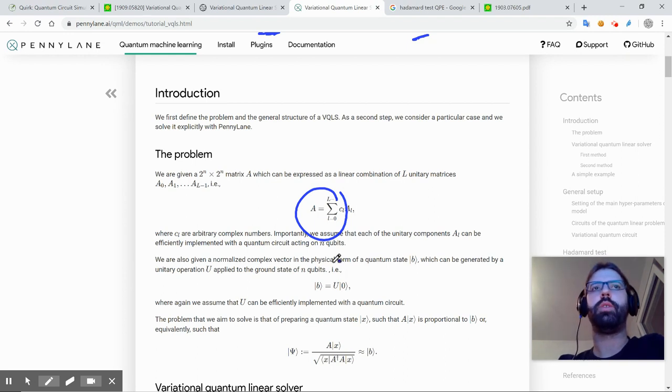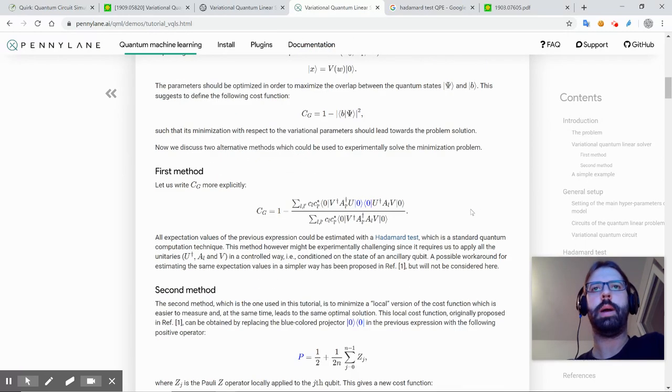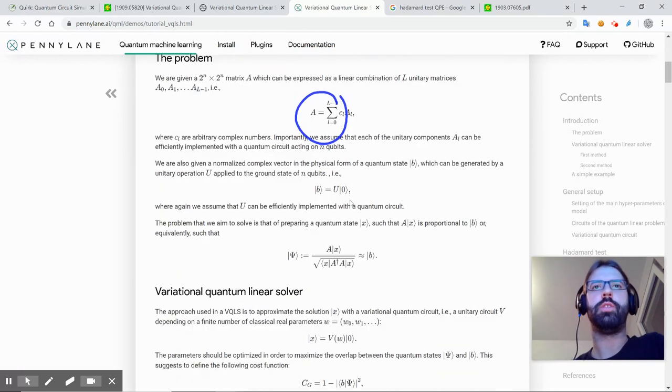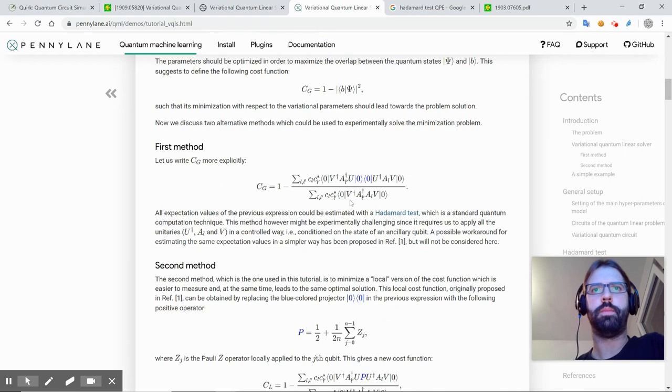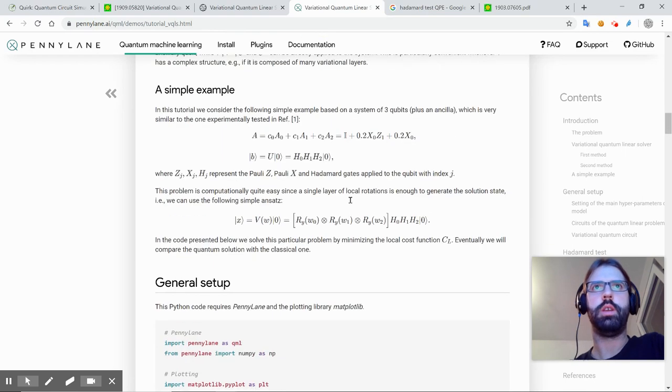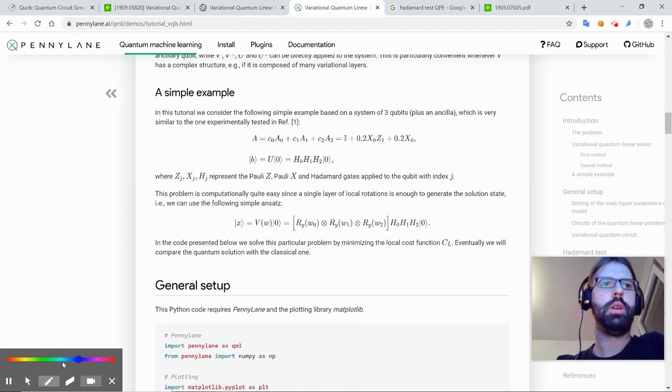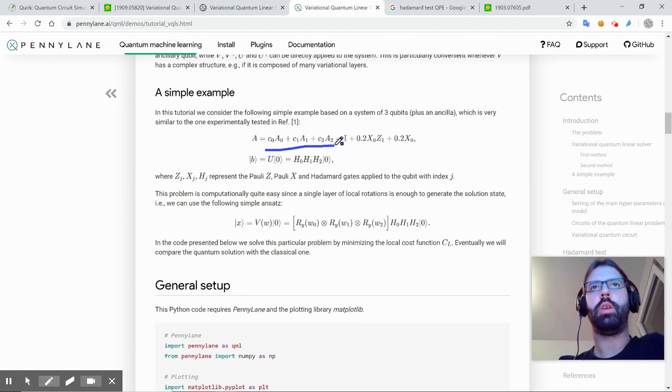That's my point. The whole tutorial goes on saying, let's assume that U is just, where's that, here. Let's do an example. This is how we can decompose A. So this is really our A, and this is really our U. It's just a bunch of Hadamards.